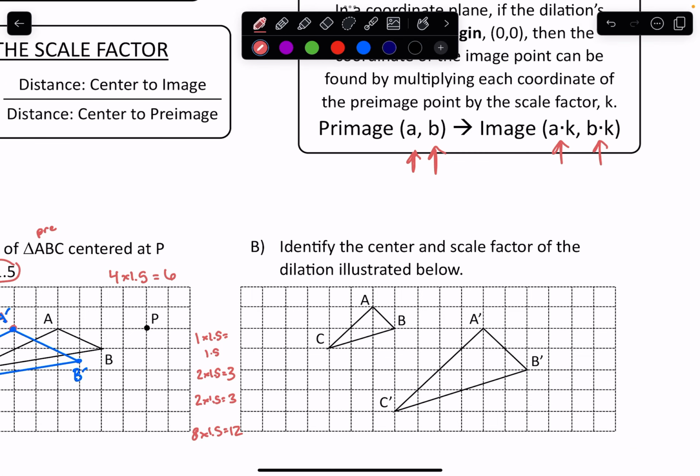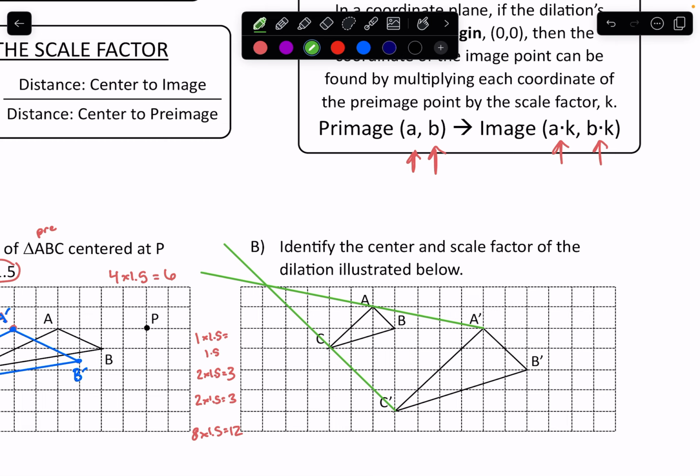To find the center, I'm going to actually go backwards because I don't know where it is. What I'm going to do is I'm going to draw a line from A prime, and I'm going to go through A, and I'm going to make it really long. I just want a line that connects those two. Then I'm going to go from C prime, and I'm going to go through C, and I'm going to make that one really long as well.